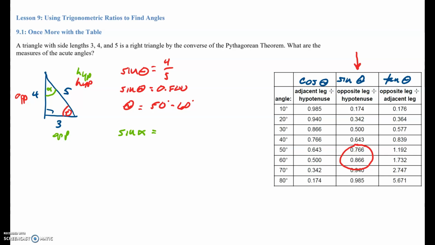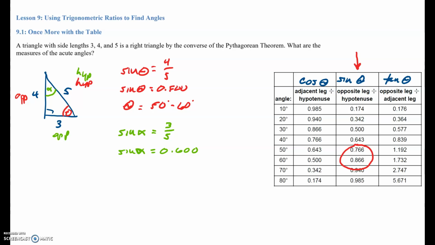And again, the hypotenuse stays the same. So I know my opposite is 3, my hypotenuse is 5, so then I know that the sine ratio for angle alpha is equal to 3 divided by 5, which is 0.600.